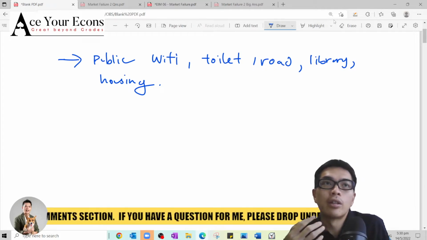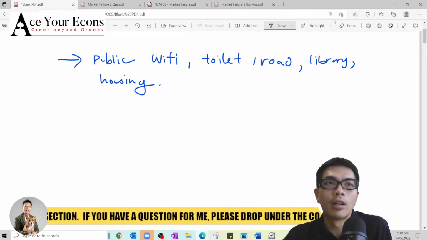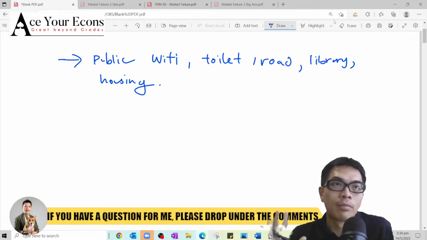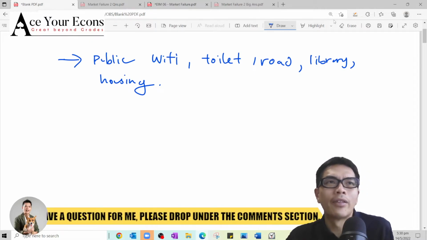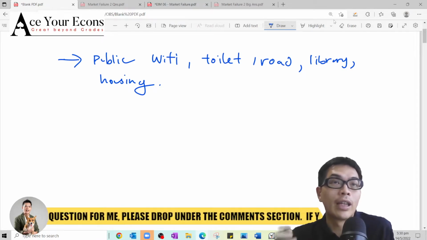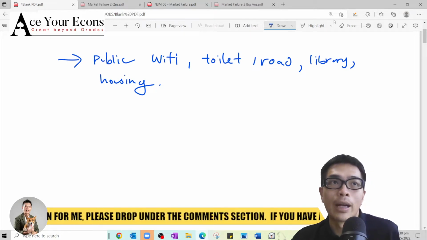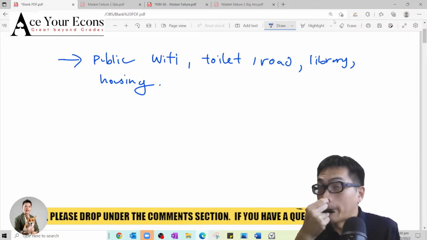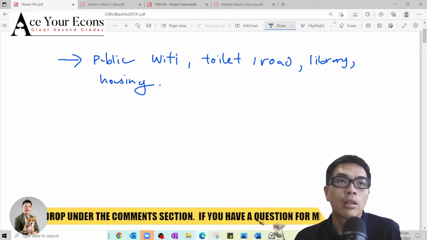Okay, so do you all agree with this line of thought? Public Wi-Fis are mainly not password protected, right? Okay, some of the public Wi-Fis have passwords. If there's a password, it means that people can be excluded if they don't know the password. But more importantly, they are rivalrous because bandwidth is going to be constricted.